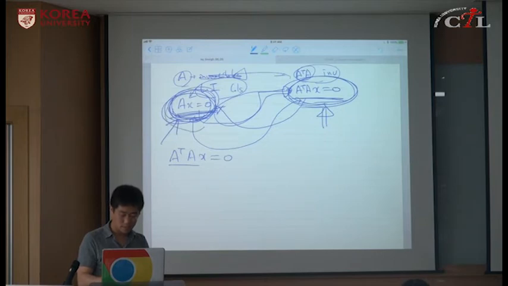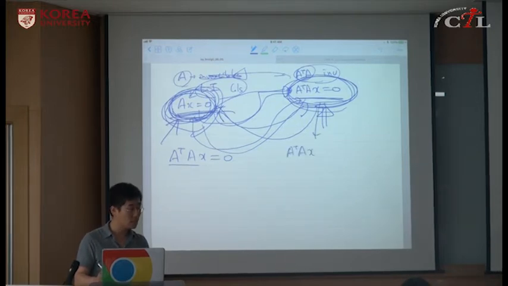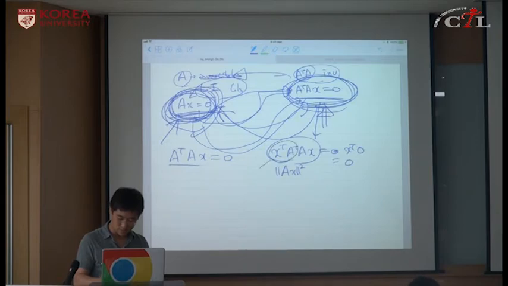And so if this one is satisfied, this one is also satisfied. But what about this one being satisfied and this one? A transpose A x, if it is 0, then let's multiply x transpose on the left. Then this one is x transpose times the 0 vector, which will still be 0. And this guy is represented as the norm of Ax squared, because this whole part can be written as (Ax) transpose, the same vector transpose times the vector.